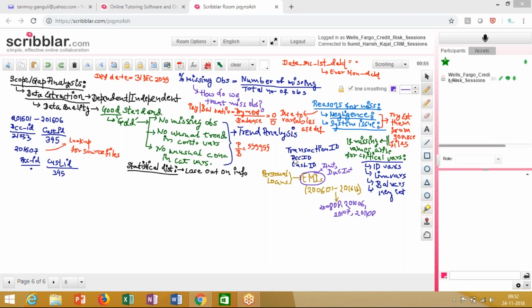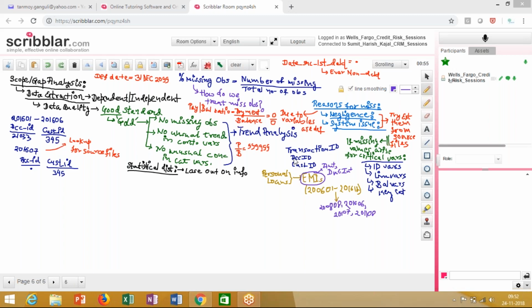So as I was saying, in this case, what we would do is we would have the EMIs, right? So what we need to do is recreate the EMI variable. Once that EMI is recreated, we recreate the EMI for the periods when this variable is available.